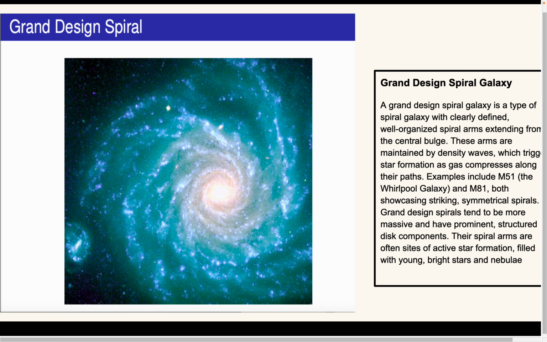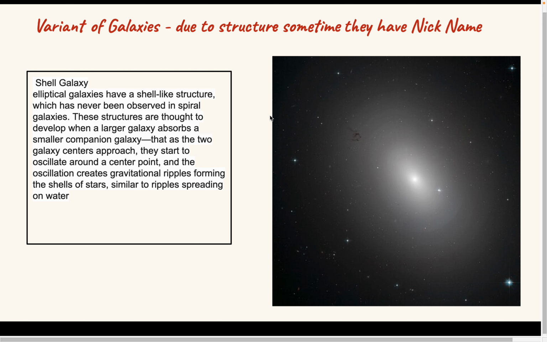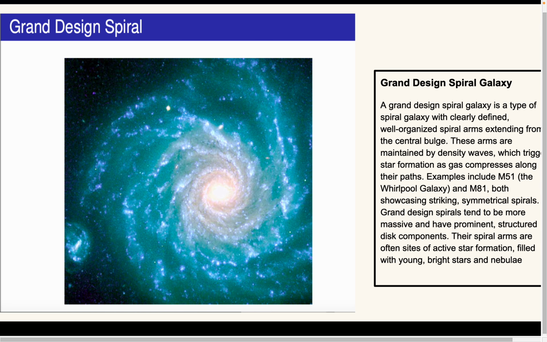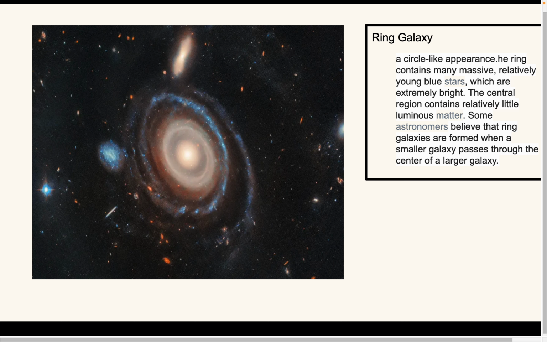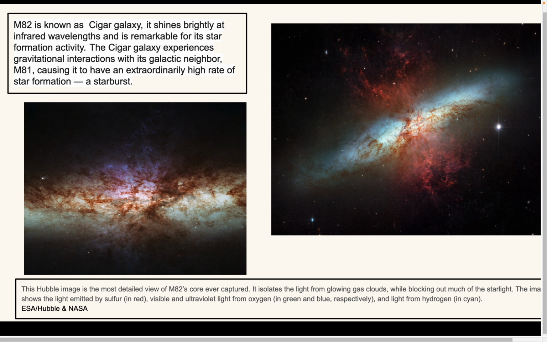We will discuss this galaxy and give the name in the next class. And we discussed the grand design spiral galaxy, that is M51. Another is the flocculent spiral galaxy, and the ring galaxy. The ring galaxy's name also was not discussed here. Then I discussed M82, that is the Cigar galaxy, the star forming or starburst galaxy.